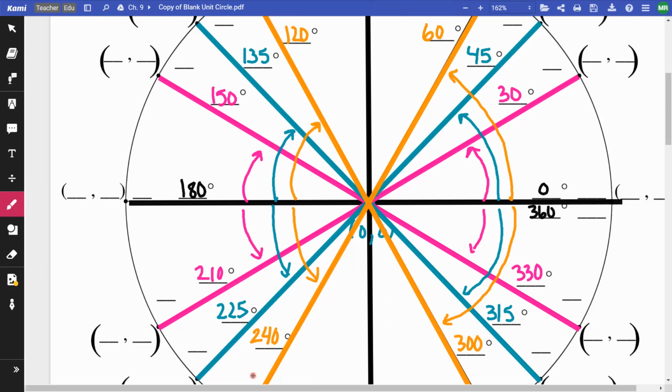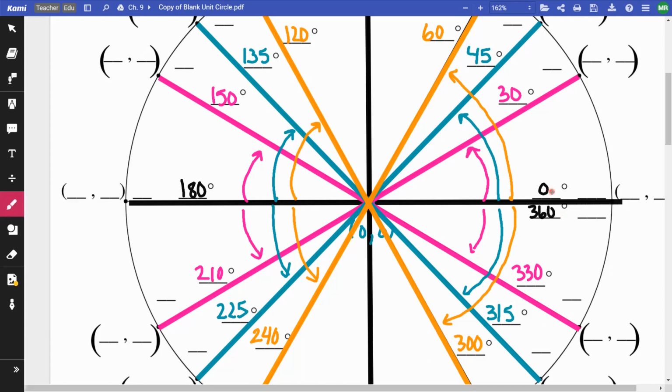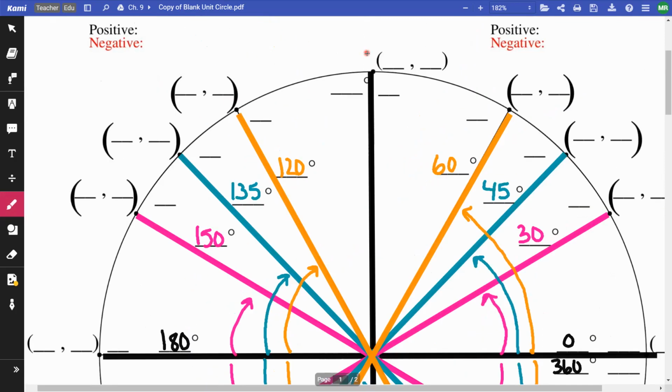Now, the ones that I had darkened in black, the ones that are on the x-axis and the y-axis, this is 0 degrees. This all the way to here is 180 degrees, which means halfway in between is 90 degrees.